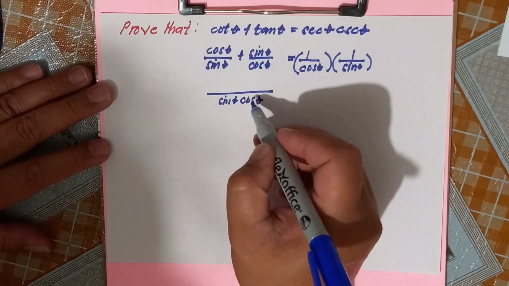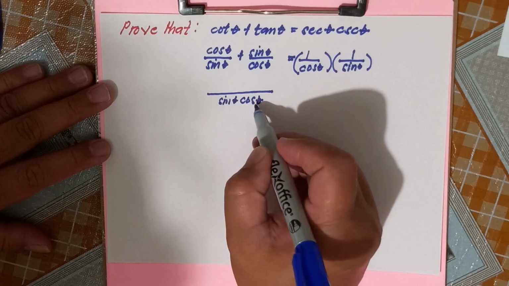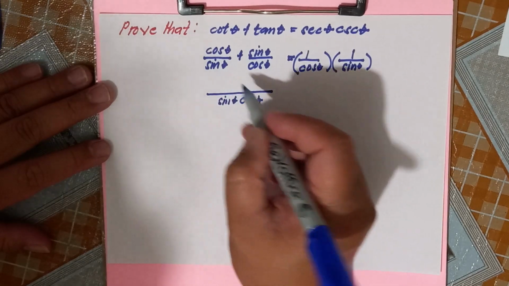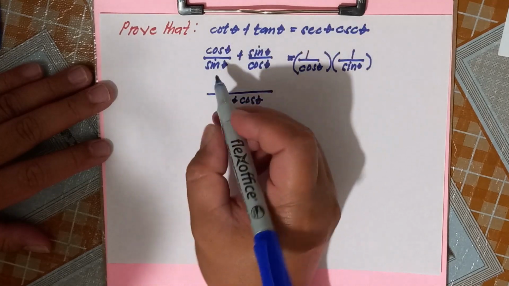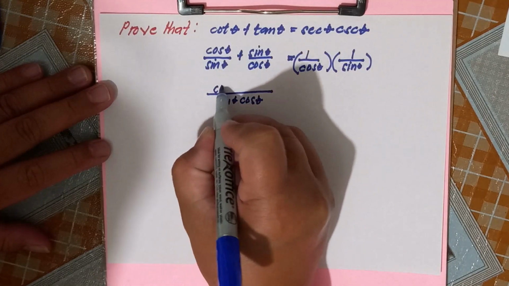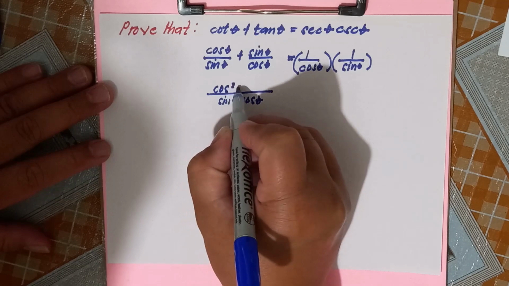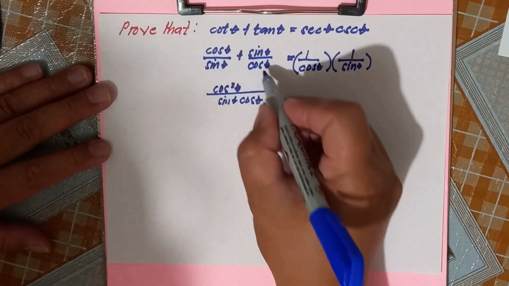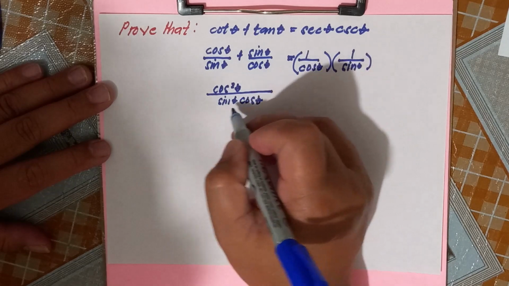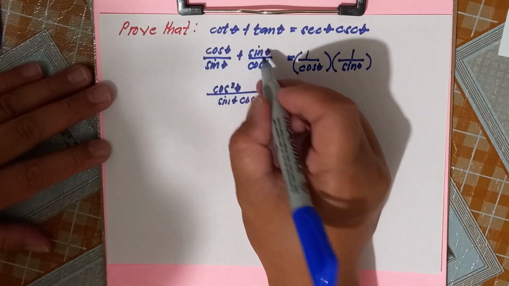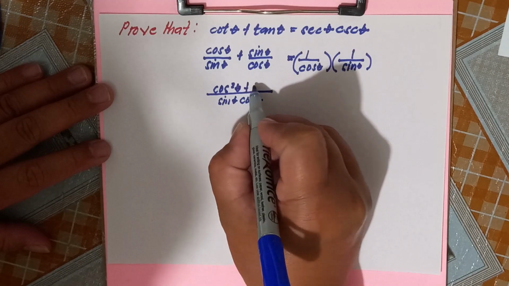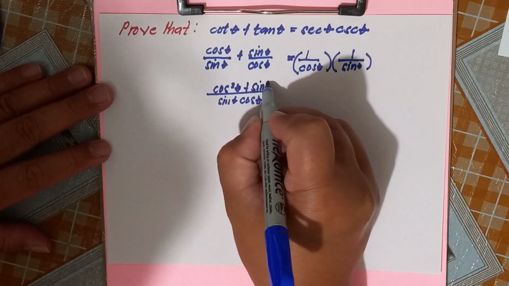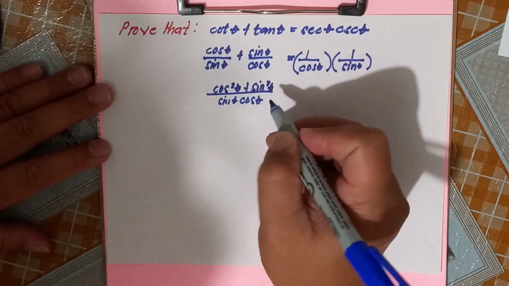Sine theta cosine theta divided by sine theta is cosine theta, multiplied by the cosine theta gives cosine squared theta. Sine theta cosine theta divided by cosine theta gives sine theta, multiplied by sine theta gives plus sine squared theta.